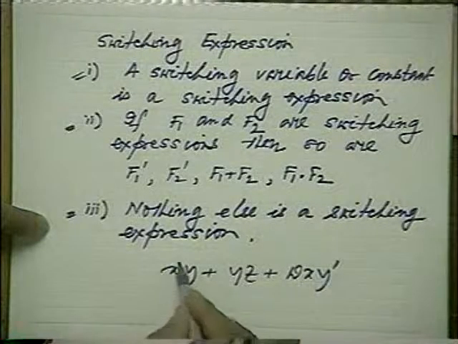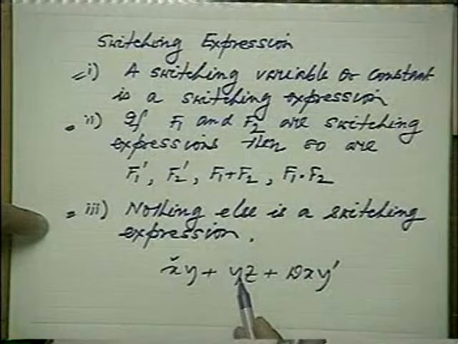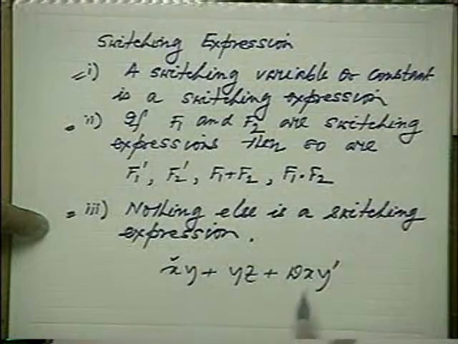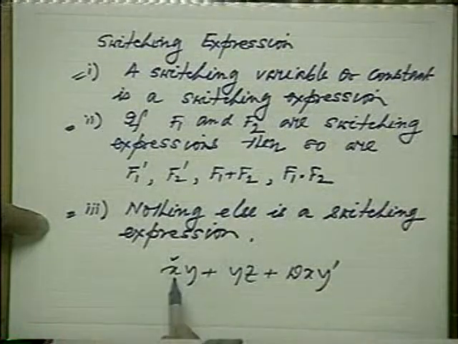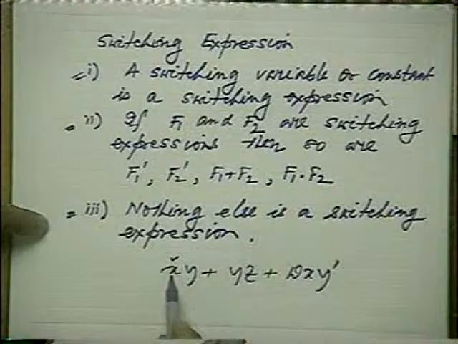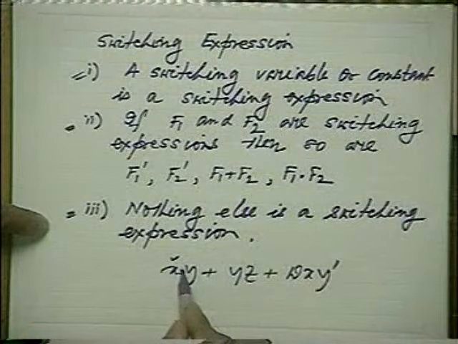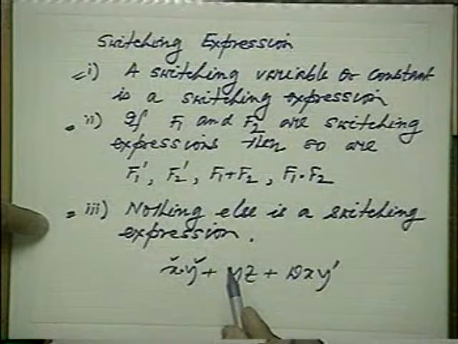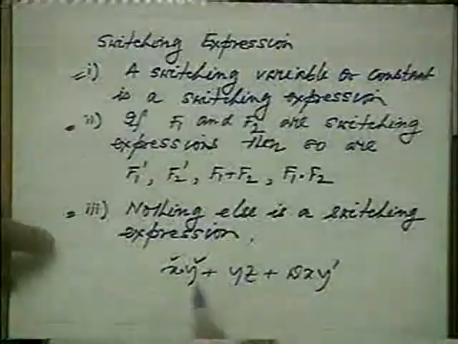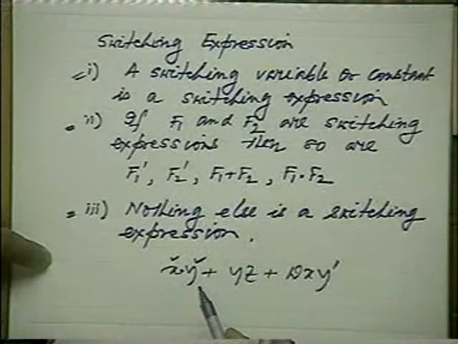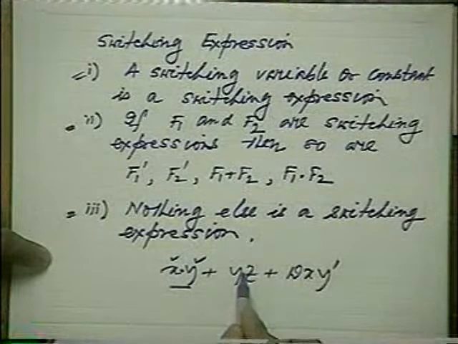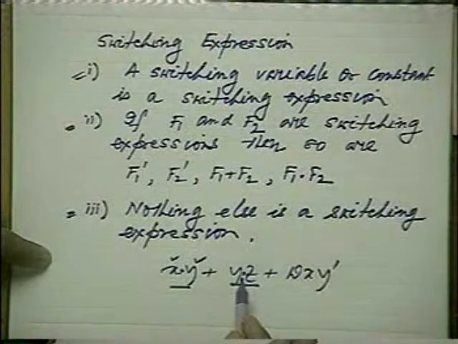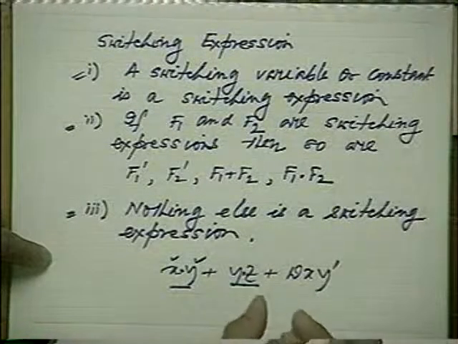This is a switching variable, assuming that w, x, y are all switching variables. Then x dot y is a switching expression by definition. Similarly, y dot z. As I told you, sometimes we will not put the dot if we write two variables side by side.